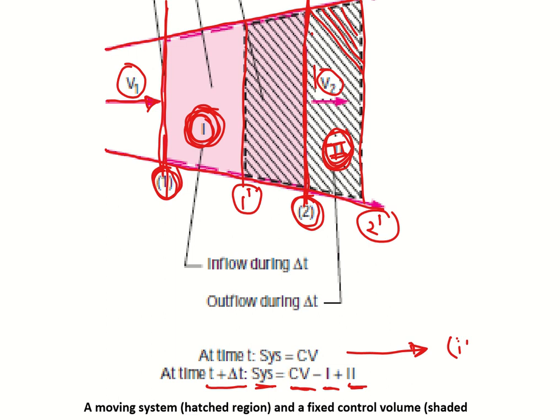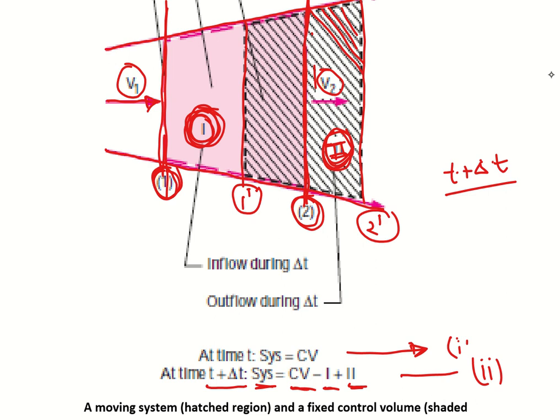So this hatched line is representing the system property at time t plus delta t, and now we want to relate this system property to the control volume property, and that can be related with the help of equation number 2.